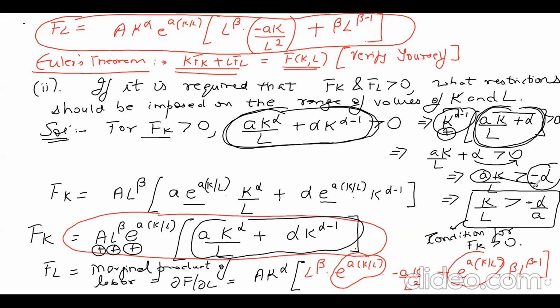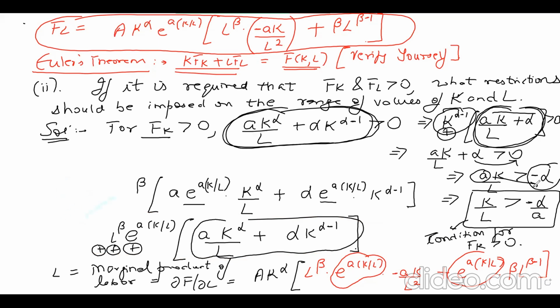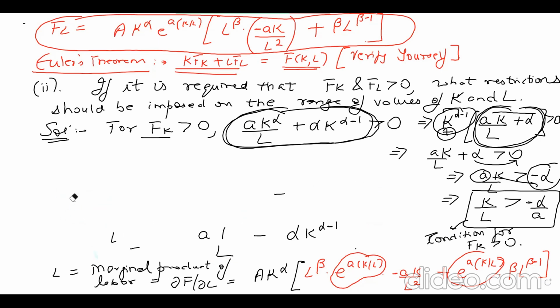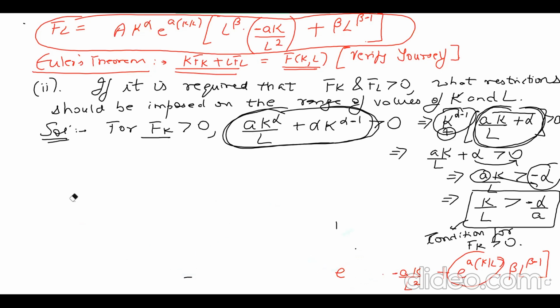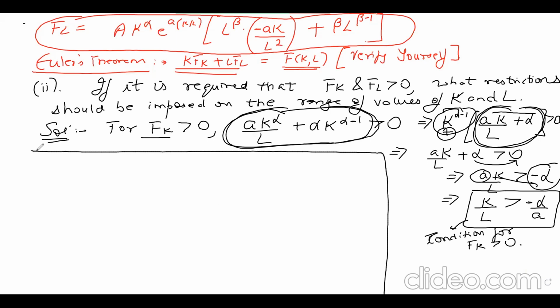Similarly, what is the condition for FL to be positive? Now FL is something which students can see on the top of their screens. If I erase this part off, students can now see the FL term on the top here.